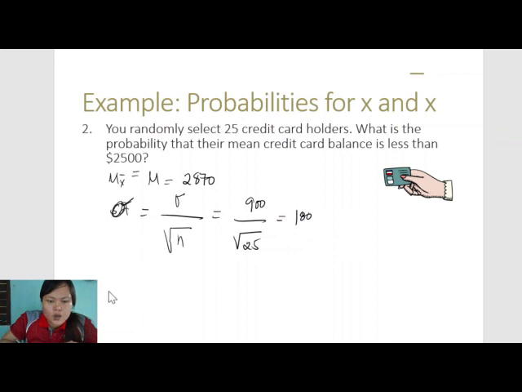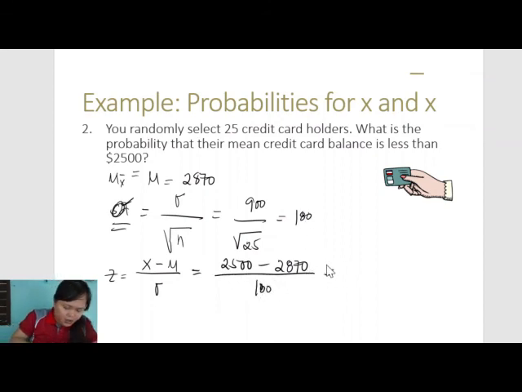Okay, so with that, pwede na nating makompute yung z. Z is equal to x minus mu over, ito na lang gamitin natin ha, standard deviation na ito na. Okay, so para hindi na tayo uulit sa 900 over square root. Okay, so that would be 2,500, our x, minus mean na 2870 over 180.